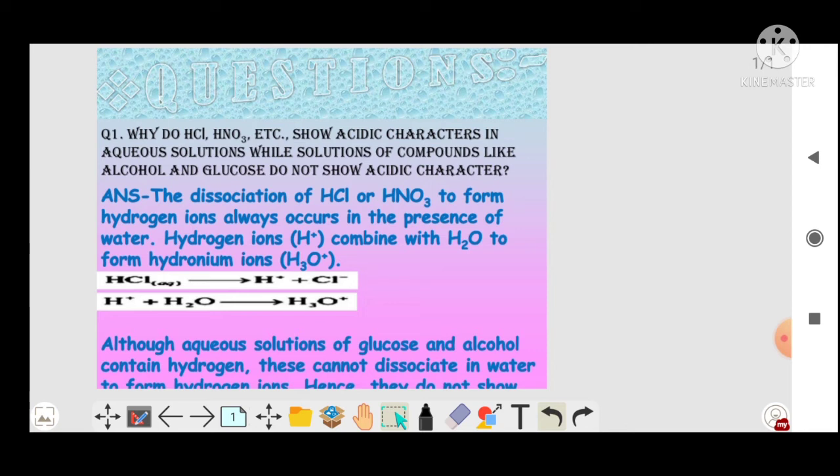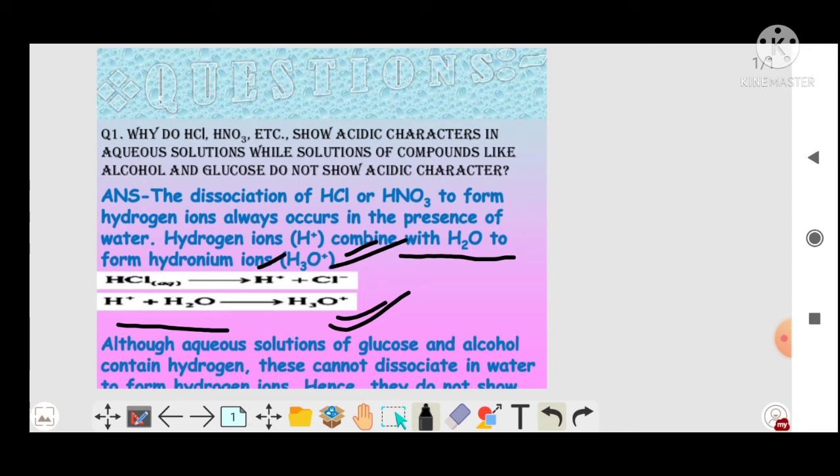H plus ions combine with water to form hydronium ions, and these hydronium ions cause the acidic character of HCl and HNO3. Look, HCl dissociates to produce H plus and Cl minus, and H plus reacts with H2O to produce hydronium ion, and this hydronium ion causes the acidic character of HCl and HNO3.